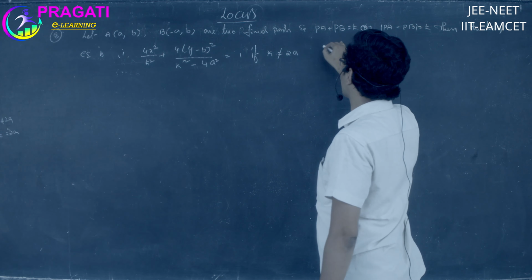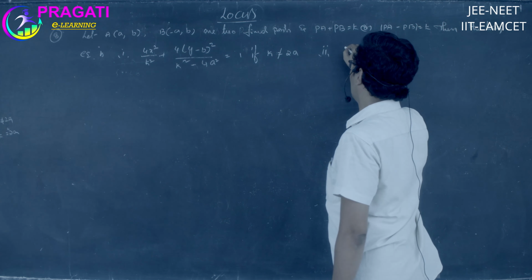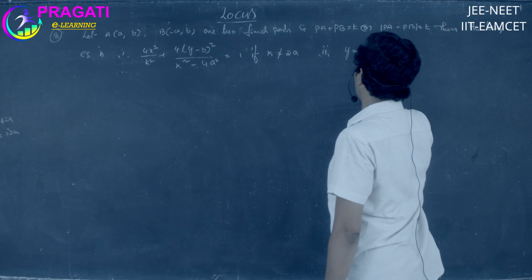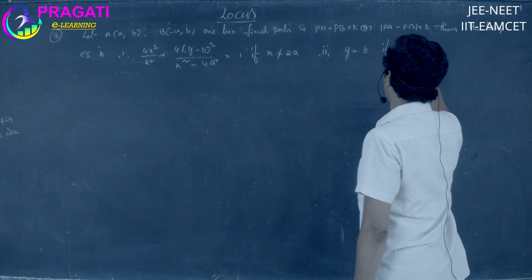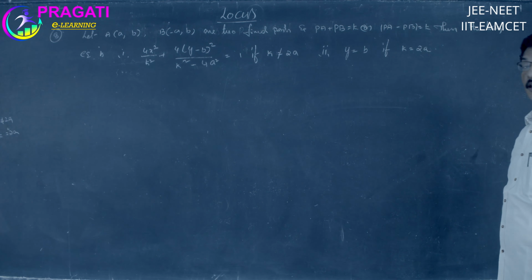And the second one, y is equal to b if k is equal to 2a.